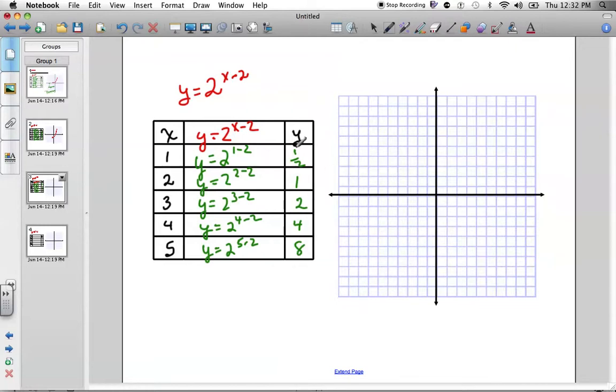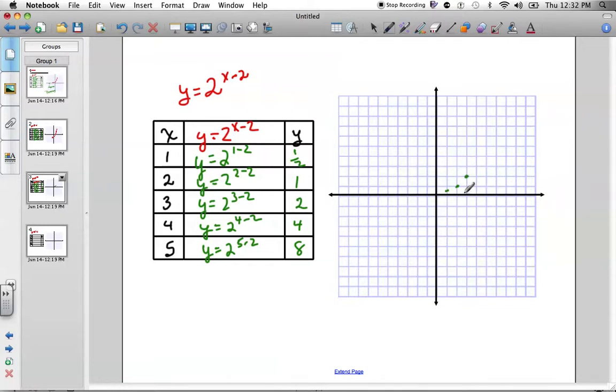Go ahead and graph this now. We're going to graph 1, 1/2, so we're going to go to the right 1, up 1/2 a unit. We're going to go to the right 2 and up 1. We're going to go to the right 3 and up 2.